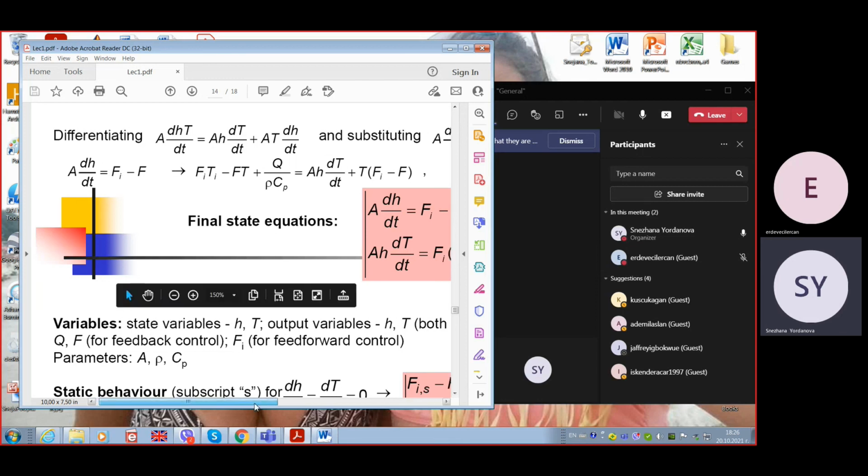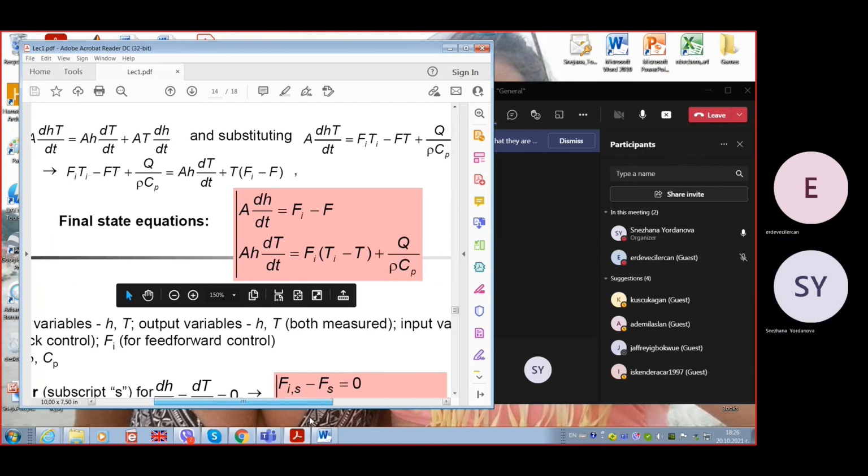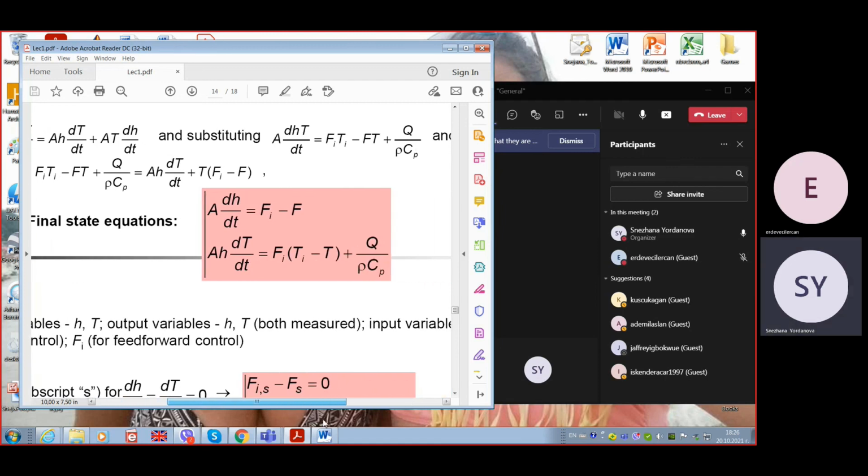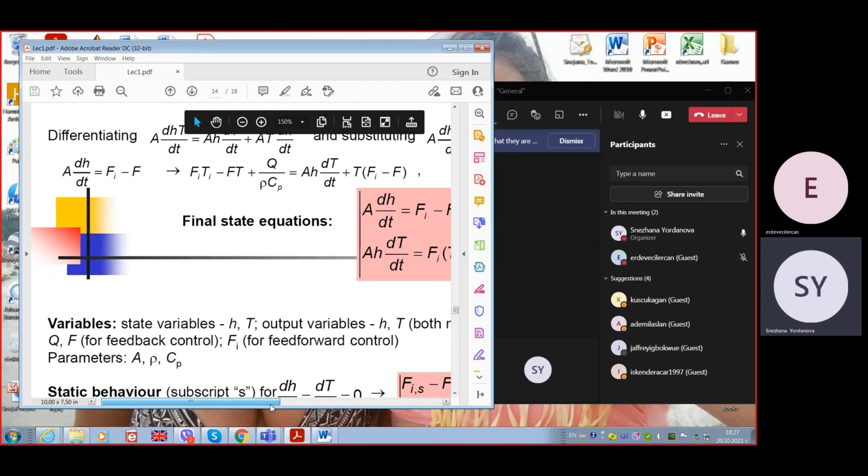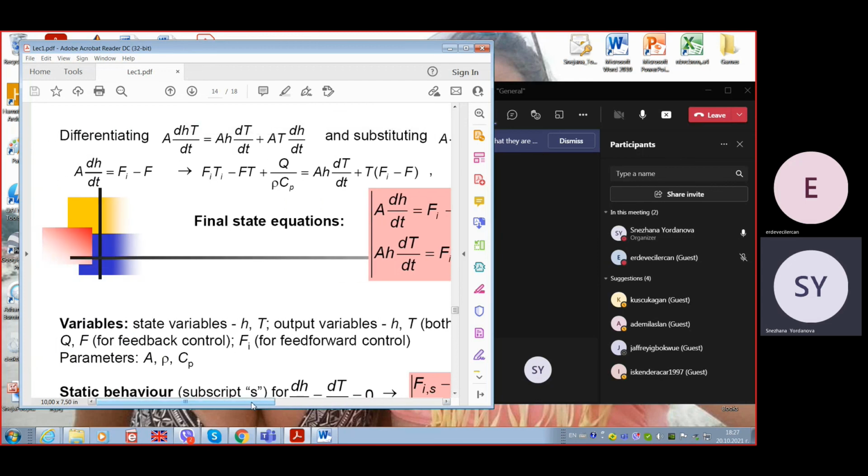Finally, we'll obtain the two first order differential equations, the first with respect to level, the second combines level, but the derivative is with respect to temperature. And this is the dynamic model obtained through conservation laws. Conservation laws are used usually in combination with experiments.